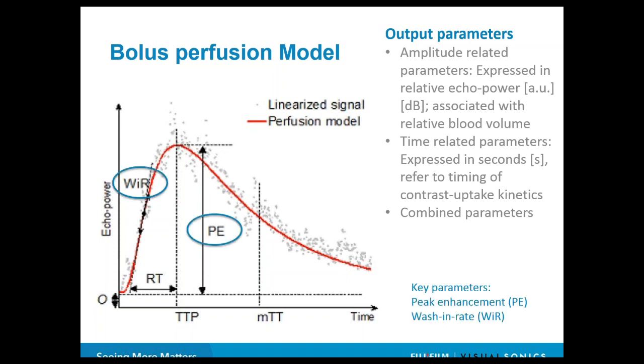And key parameters, as you saw in the literature that I just showed you, are peak enhancement and wash-in rate. Peak enhancement is basically how much more signal do we have at the peak level of perfusion compared to the baseline, and the wash-in rate is the maximum slope of the rise of the wash-in phase.